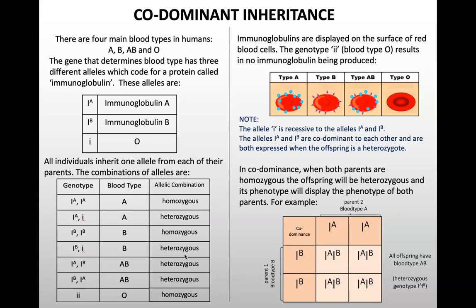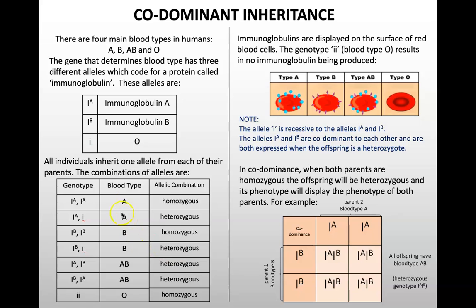Okay, a really common example of codominant inheritance is the four main blood types in humans, which we know, of course, are blood groups A, B, AB, and O. The gene that determines blood type has three different alleles, which code for a protein we call immunoglobulin.